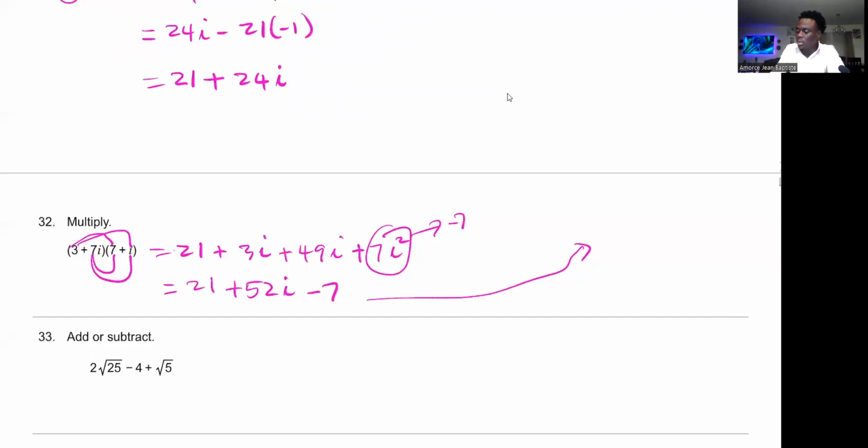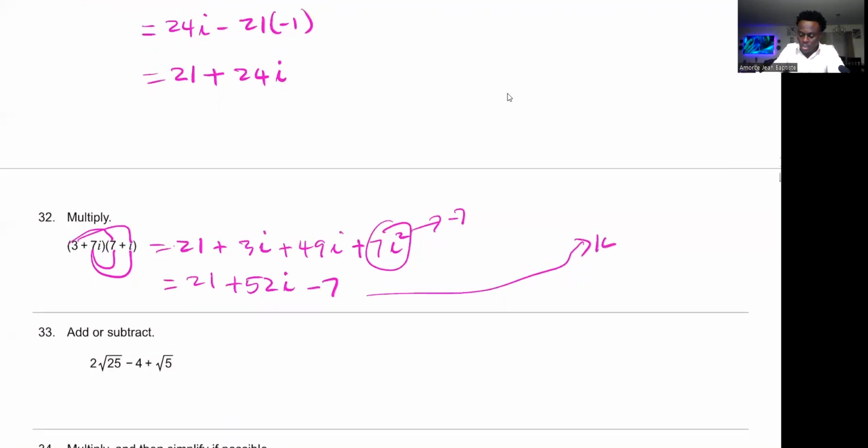Wait, what? 21 minus 7 can't be 18. It's 14. So 14 plus 52i.